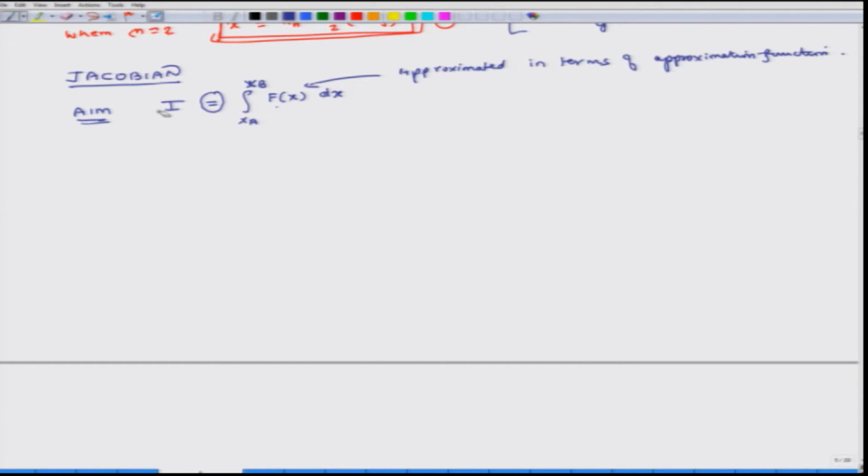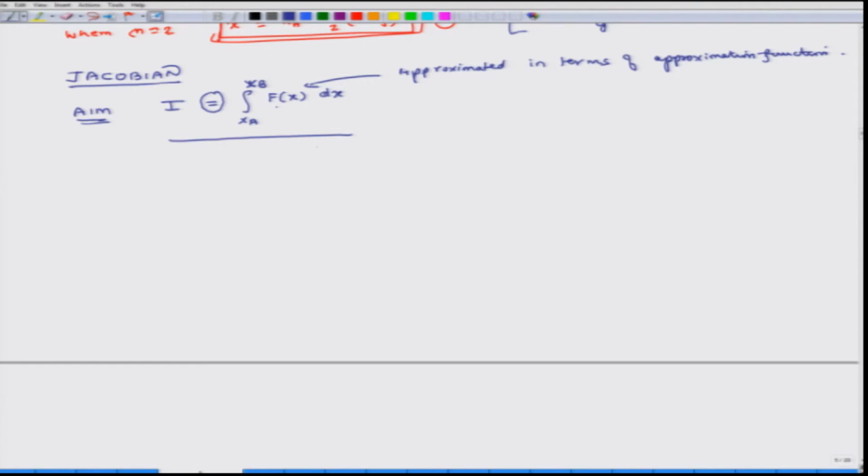So, this was exact, but if I approximate in terms of some approximation functions, then I becomes an approximate number. Now, our original aim is to do this integration, but we have said that we will rather integrate it in what limits? -1 to 1.